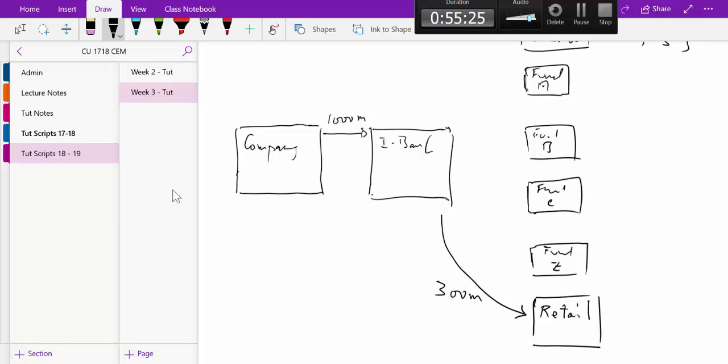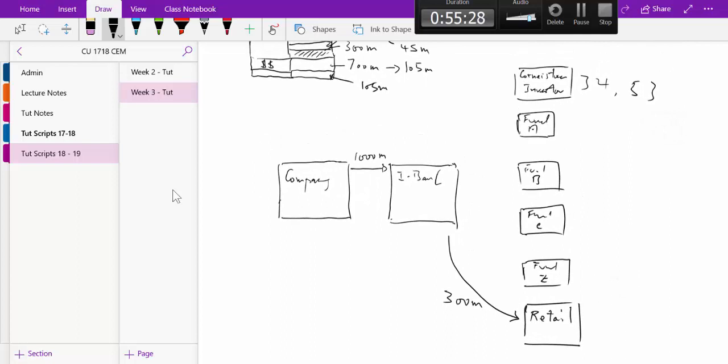Let's say there is a cornerstone investor out there, and one investor also buys 300 shares. And then Fund A gets, now this Fund A doesn't have to be the same Fund A above, so don't mix them up. This is a different Fund A. I'll call it Fund W, X, Y, and Z.